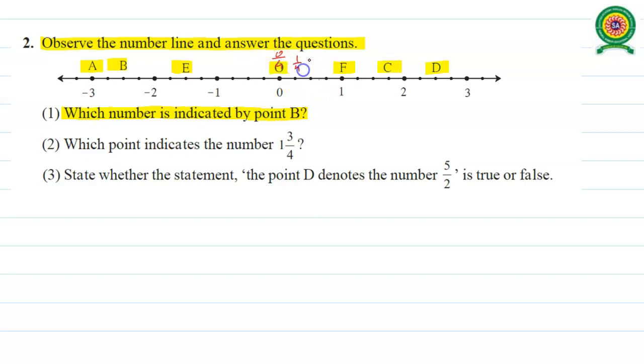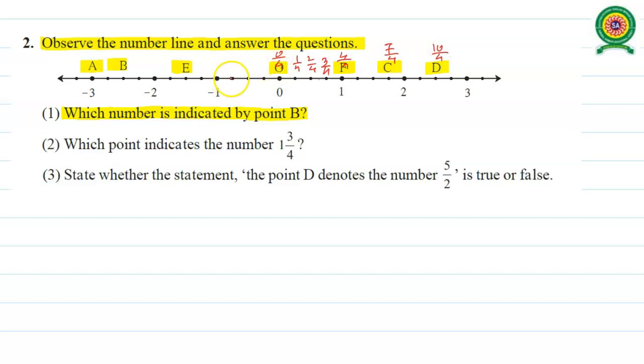Next to it we have 1 by 4, 2 by 4, 3 by 4, then 4 by 4, 5 by 4, 6 by 4, then at C we have 7 by 4. No need to plot each and every point here. Next 8 by 4, 9 by 4, at D we have 10 by 4 and so on.